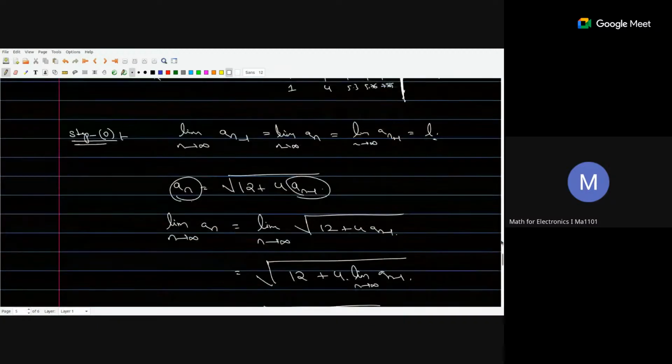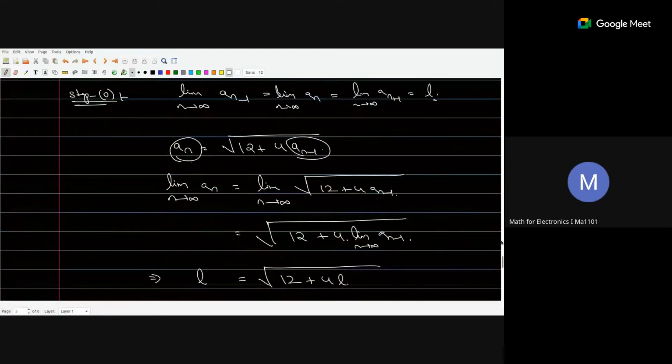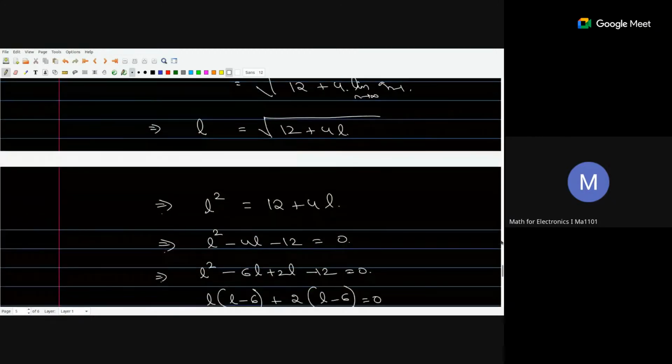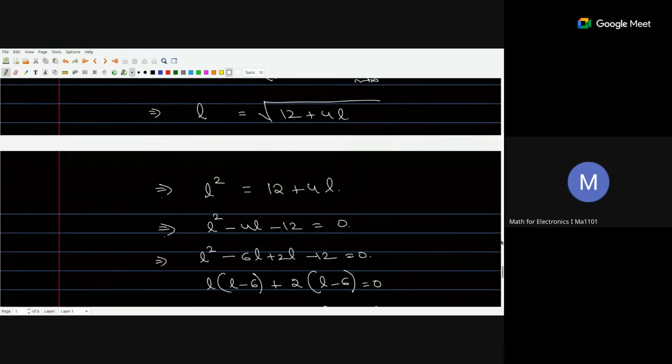But why did we get this minus 2? Okay, maybe from here. While I took the square on both sides, this will allow a few more values to satisfy this.